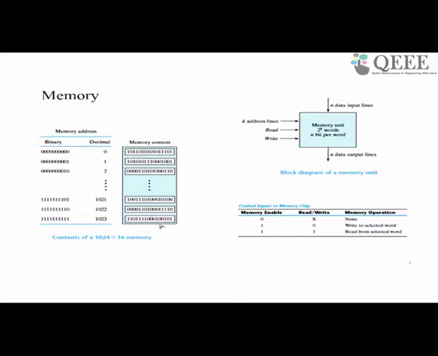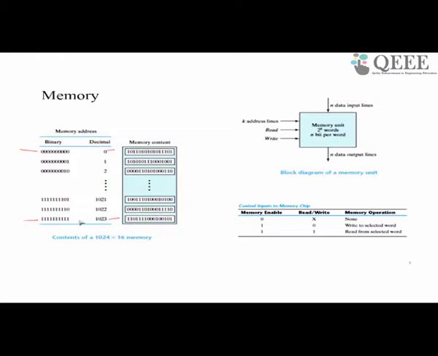So if you use decimal to denote the address, then it will range from 0 to 1023. The corresponding binary equivalent of these addresses would be a 10-bit address starting from 10 zeros all the way to 10 ones. So this is the address that we allocate for the different memory locations.